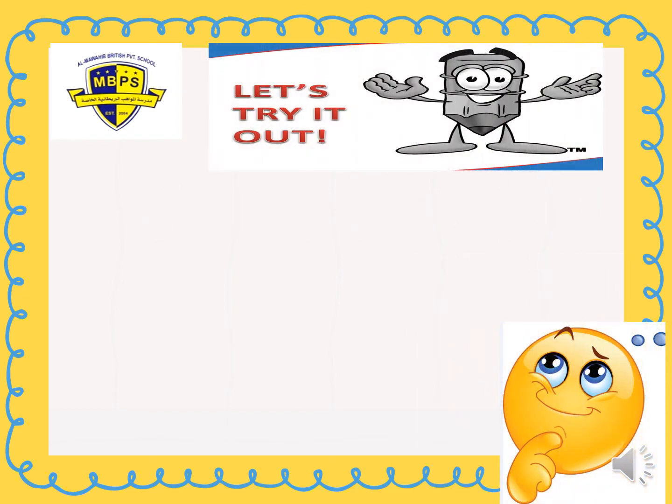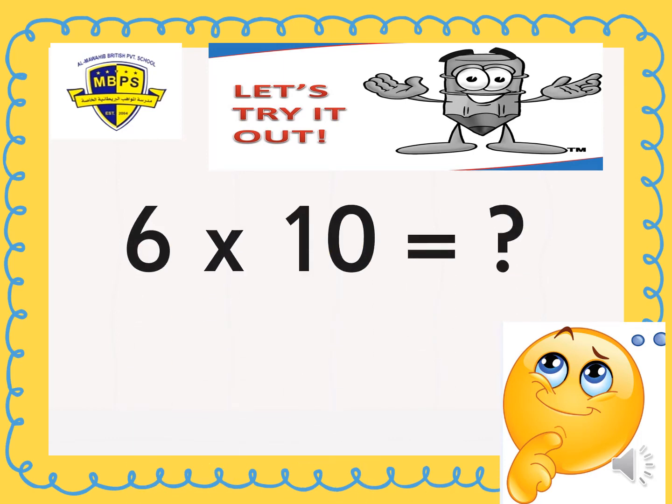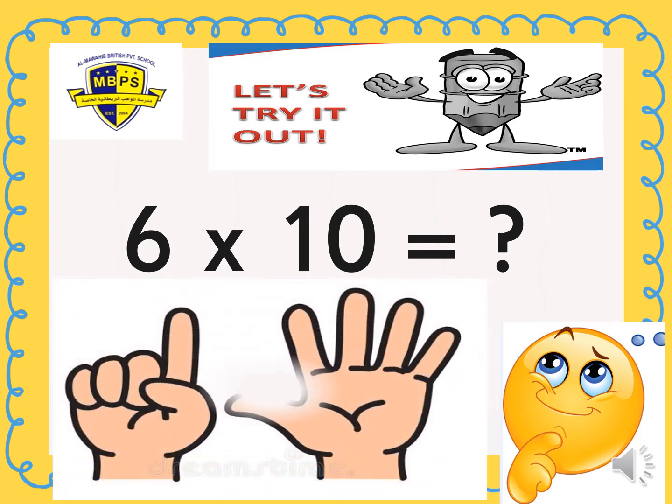Let's try one more. What about 6 times 10? Can you do it? Can you find the answer? Start to skip by 10 and find the answer, and I can help you. Do you remember how we can do it? Open 6 fingers. But at this time, on each finger we will consider that we have 10.